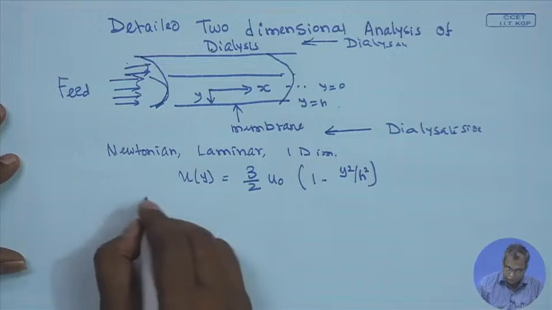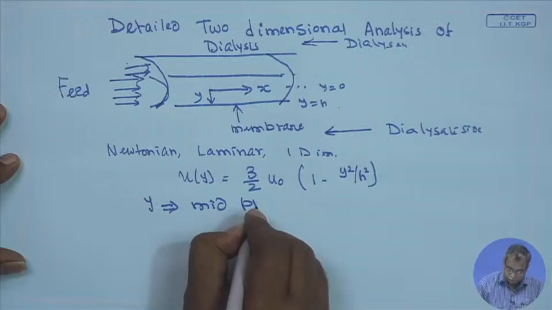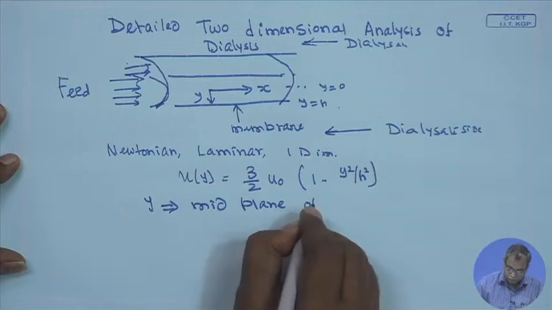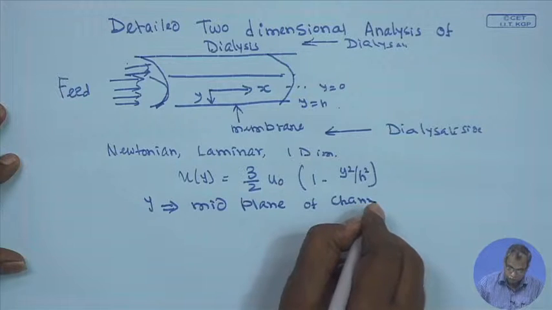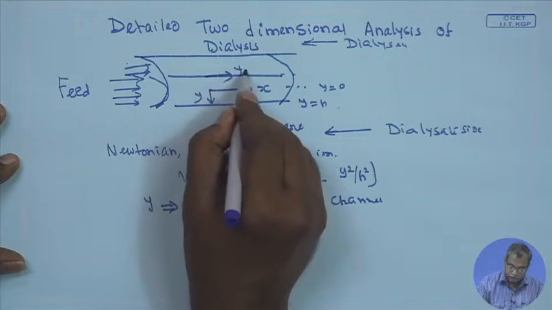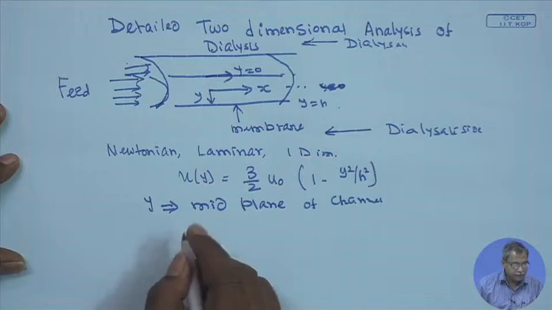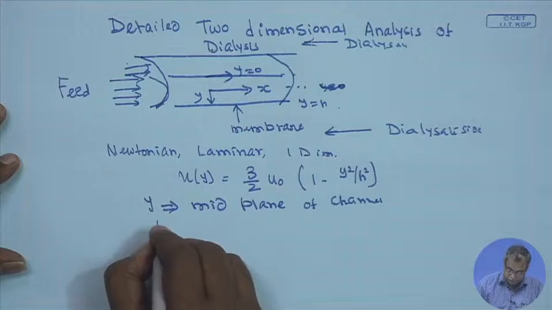Y is measured from the midplane of the channel, which is fixed here at y equal to 0, and h is the half height.